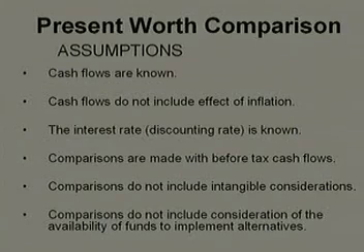Interest rates are bound to change in such a long period. But in spite of this, we assume that the interest rate is known and is not going to change for the given duration of the project.